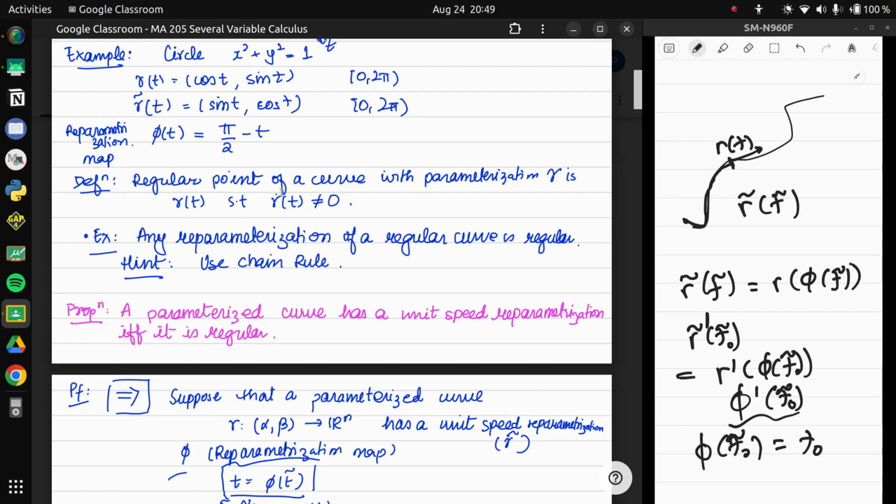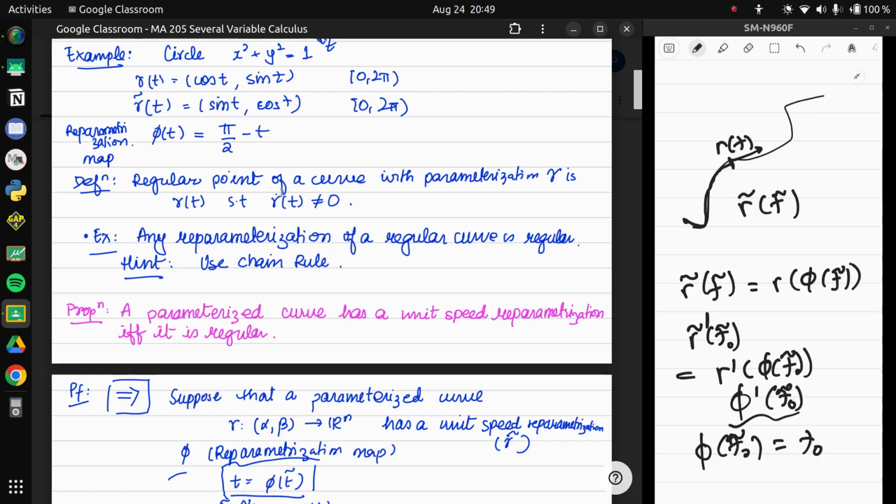So a point is regular only if it is regular in some other parameterization, right? But we can now extend that and say that it would be impossible for a point to be regular in one parameterization and non-regular in the other parameterization, right? Because if it was irregular in the other parameterization, it would also be irregular in the first parameterization.